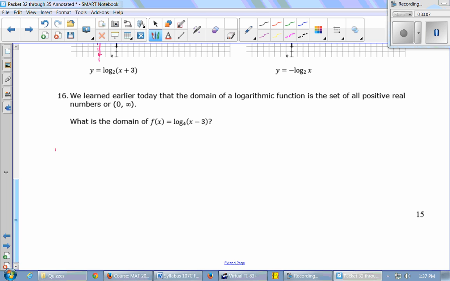So y equals log base 4 of x has an asymptote at x equals 0. That's the furthest left you can go, because log base b of x, for any base, will have an asymptote at x equals 0. But then I'm going to shift this 3 to the right.